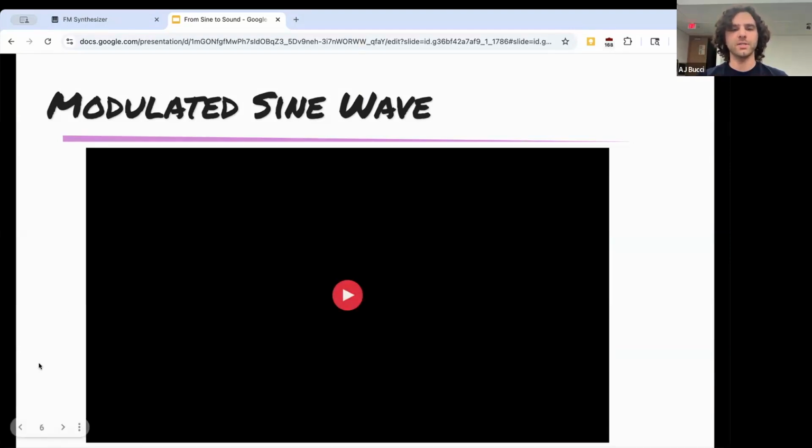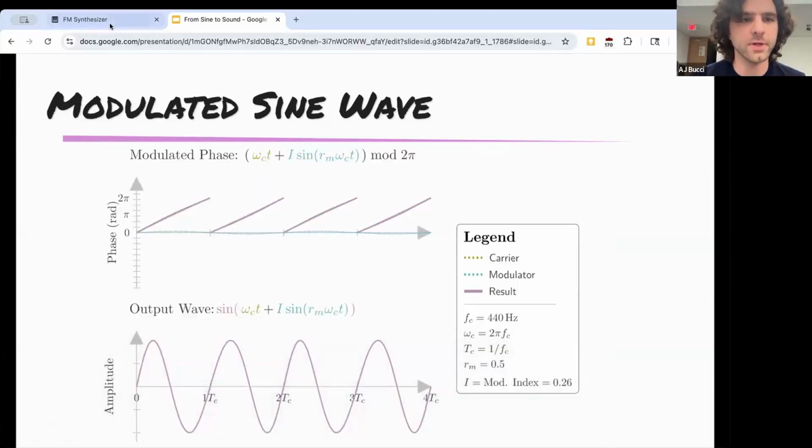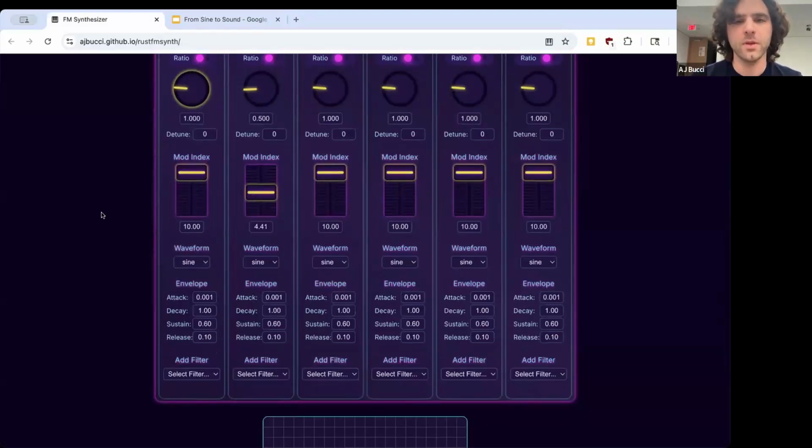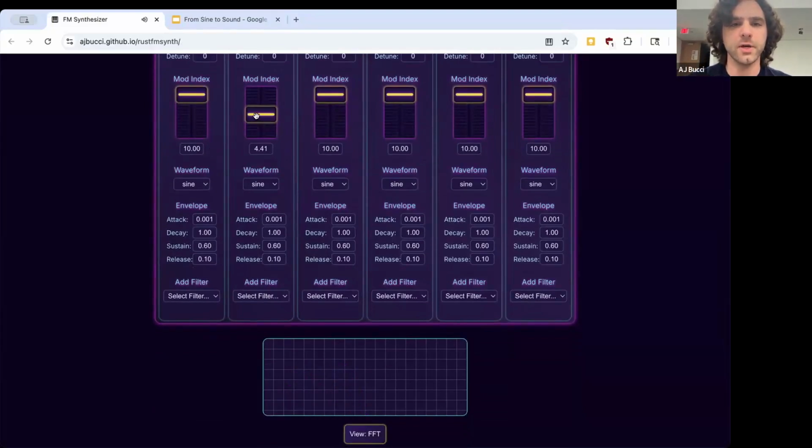So you can see there are lots of peaks and valleys there in the output wave. And so if we were to demonstrate that in the synth itself, what happens if I raise the modulation index really high? So we get more and louder harmonics.